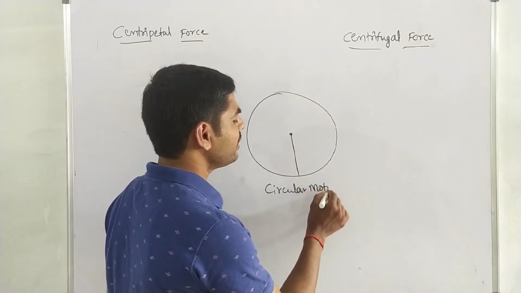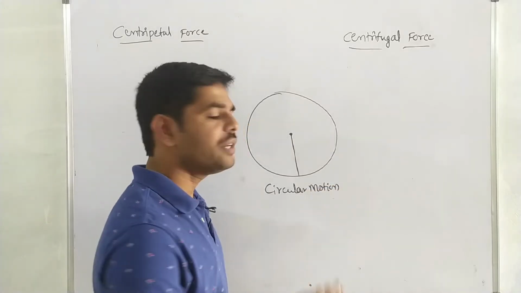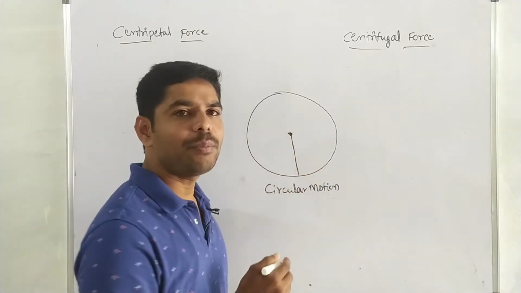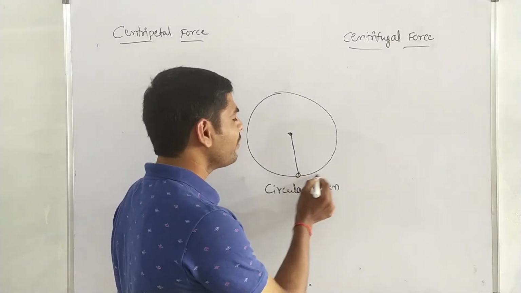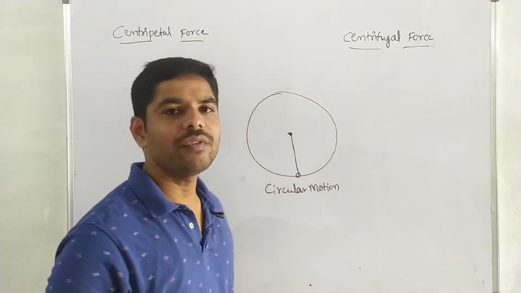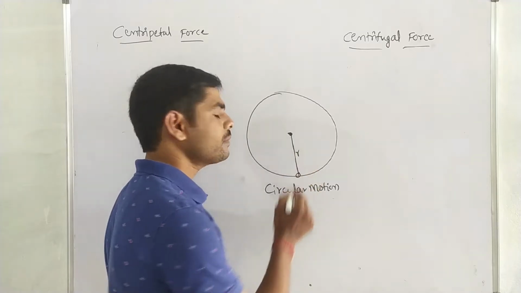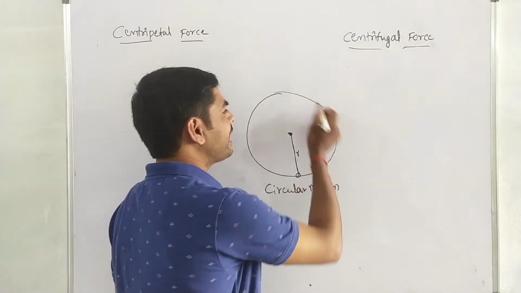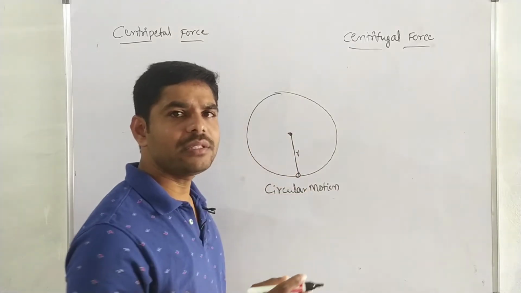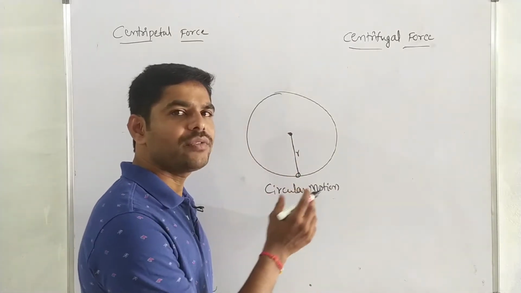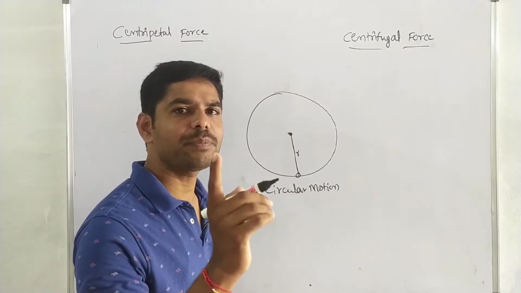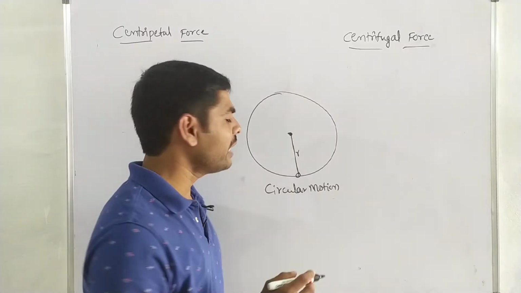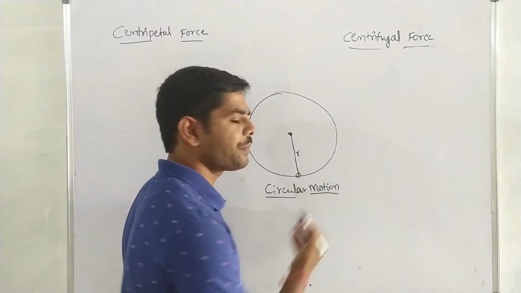If you observe here, the body is tied by a string and fixed at one point, and the object will revolve like this with the radius r. So what do we mean by that? When a body is revolving around a circle with a constant radius, this is called circular motion.